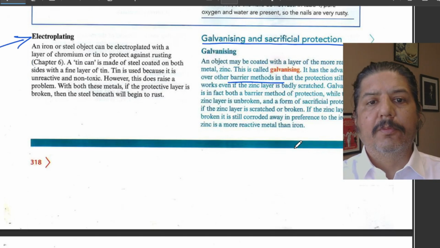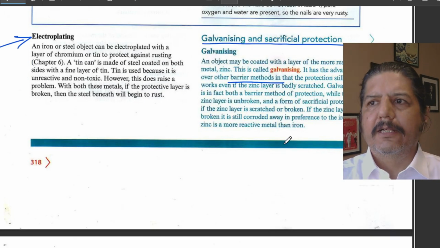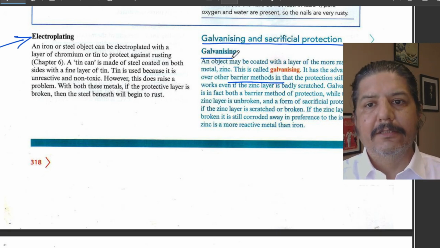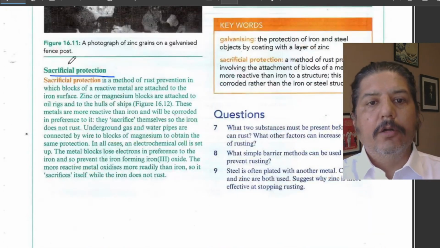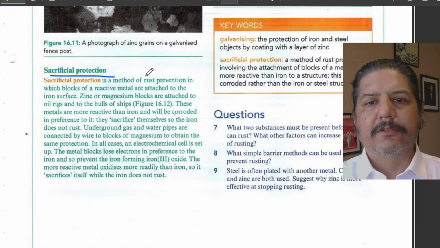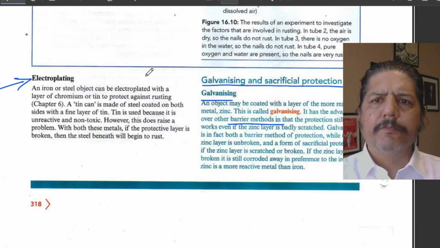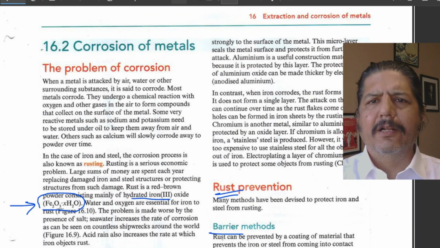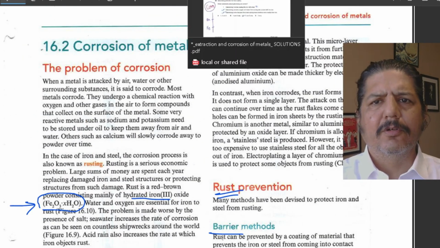You can also try electroplating, but here also, if there are scratches, there would be a problem. To tackle these, the other thing we can do is galvanize, or have sacrificial protection. I suggest you go through these topics from your textbook, and they are fairly easy to understand, not much of a problem.